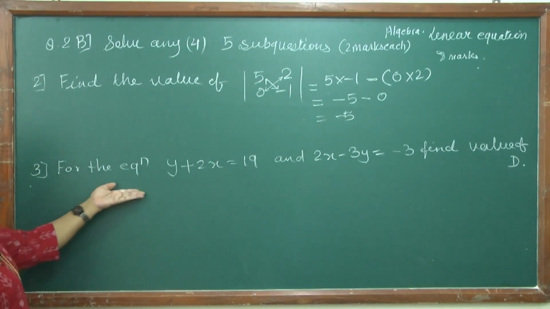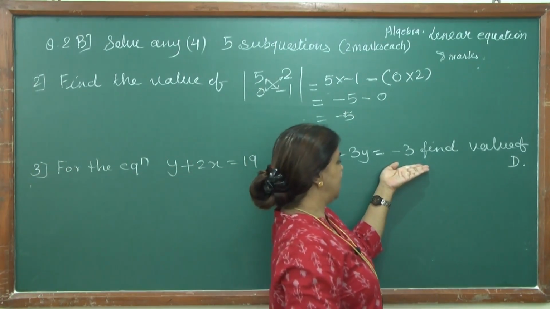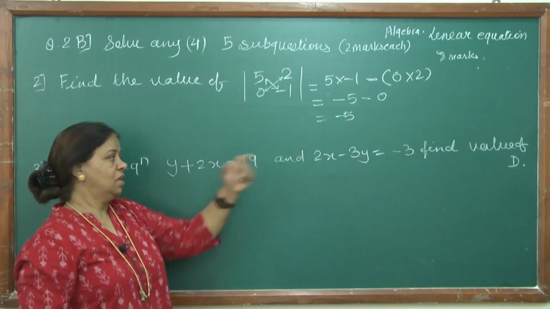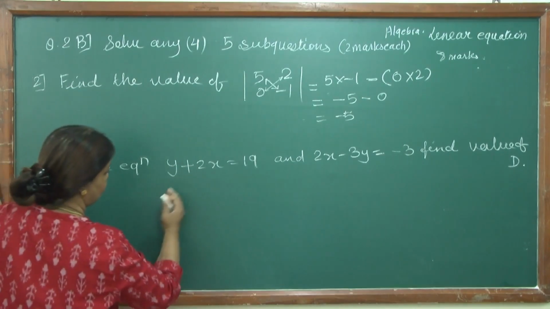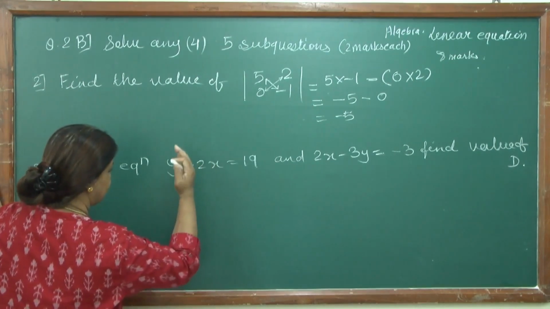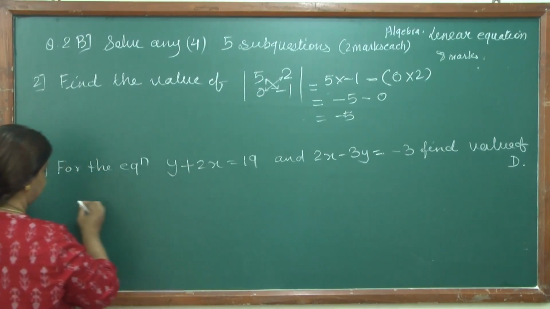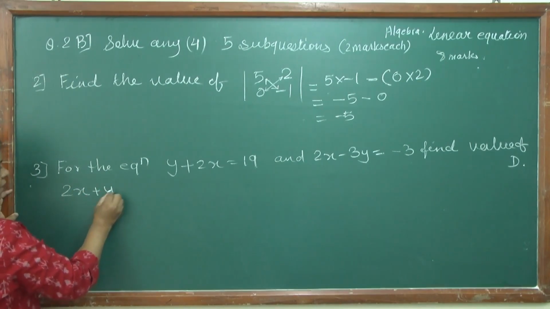Now here y plus 2x is equal to 19 and 2x minus 3y is equal to minus 3. We have to find the value of d again, same. So first let us check the equation. This equation, y is here, 2x is here. So let us arrange in the order. So first one will be 2x plus y is equal to 19.